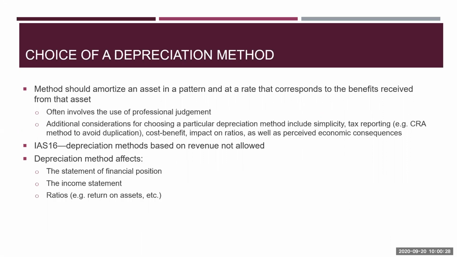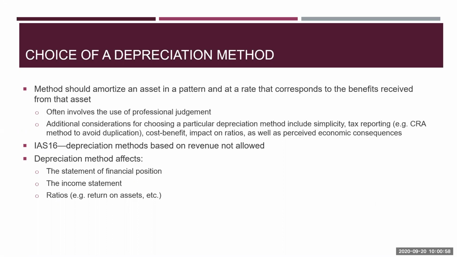And finally, how do we choose the depreciation method? There is a lot of professional judgment that goes into picking a depreciation method, but the basic idea is that the company needs to make sure that the depreciation method reflects their economic reality. How are these assets being used for revenue generation? Based on the use of the asset, they should pick a method that will most closely reflect the cost.